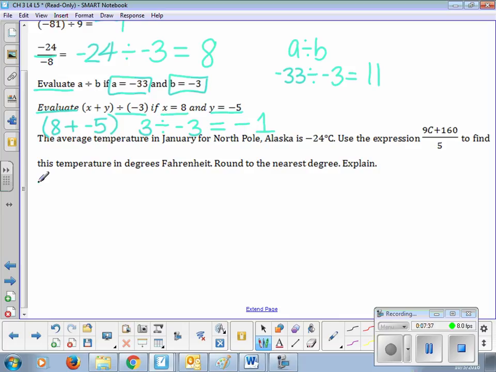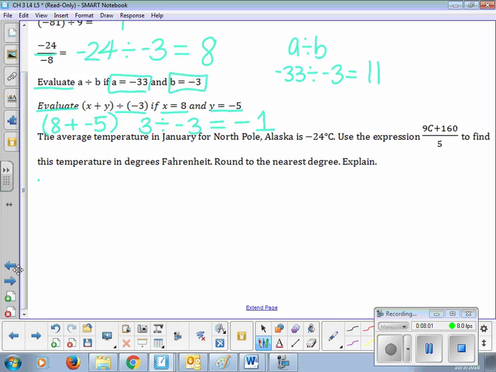Okay, for our last question, the average temperature in January for the North Pole, Alaska, is negative 24 degrees Celsius. Use the expression 9 times C plus 160 over 5 to find this temperature in degrees Fahrenheit. Round to the nearest degree.